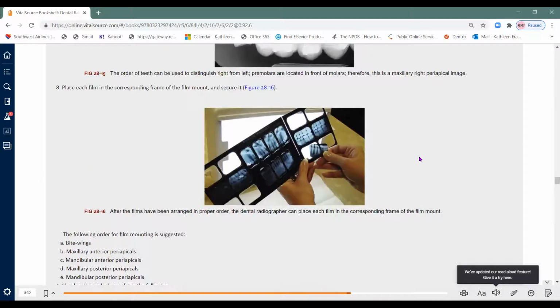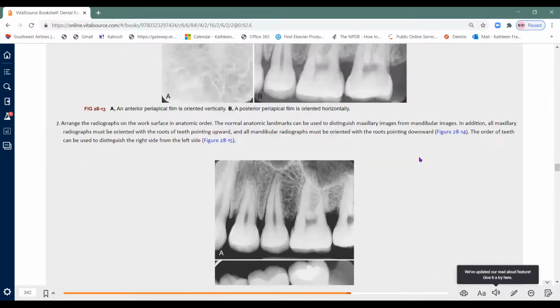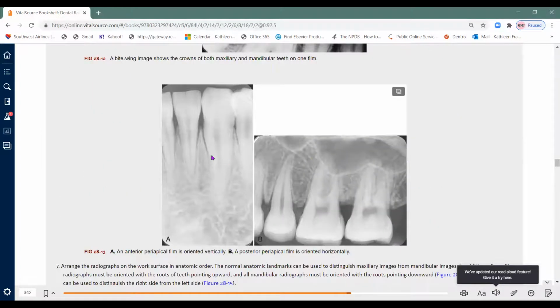Some other things to notice that they don't talk about in this chapter, if you're doing anterior teeth. This tooth right here is a maxillary central incisor. How do I know that? Well, if you look at the size and the shape of this crown, the crown on our maxillary incisors is very broad and big.